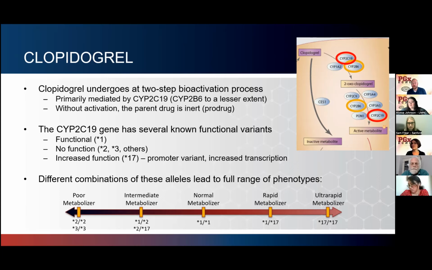Then there's an increased function variant, star 17, a promoter variant that causes increased transcription and leads to increased metabolism. You see the range of phenotypes across the bottom, from poor metabolizer to ultra rapid metabolizer on the right.